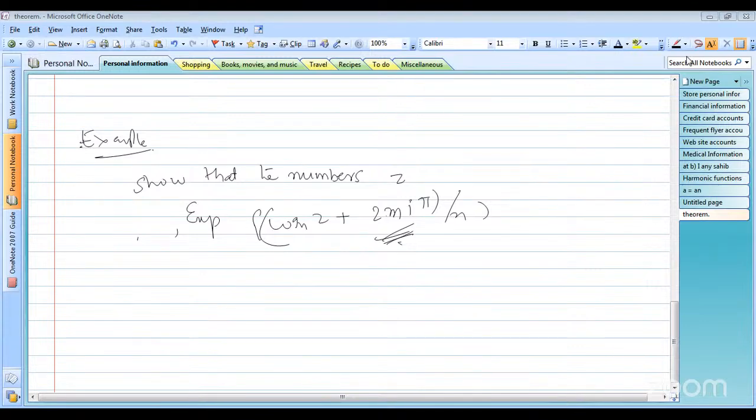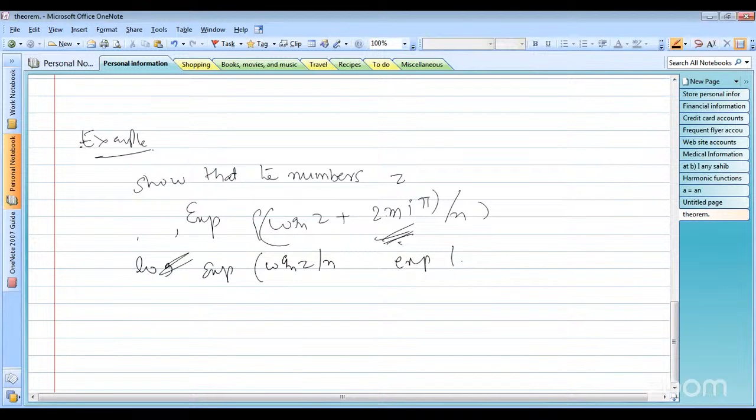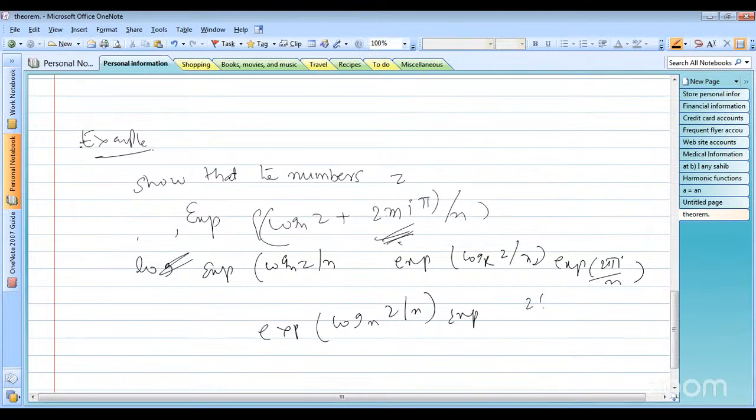We are taking here the logarithm, that is the exponential function of (log z) by n. So therefore the exponential function of log r z by n, multiplied by the exponential function of 2πi by n, up to 2(n minus 1)πi by n we are taking here.